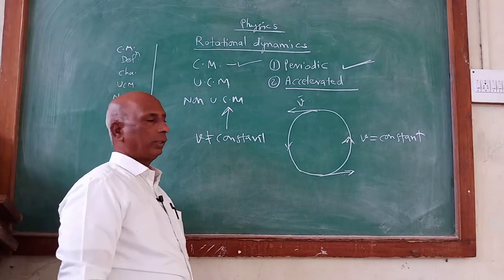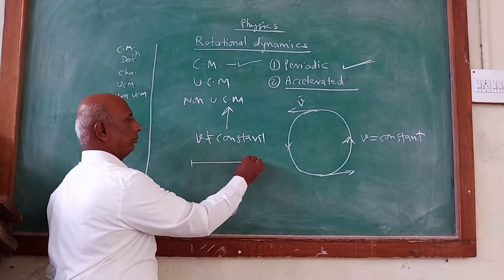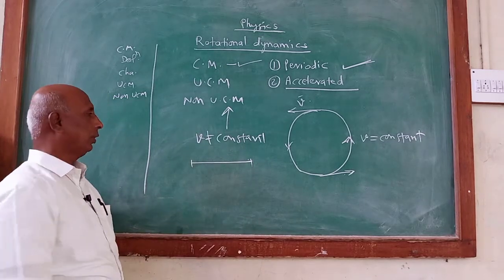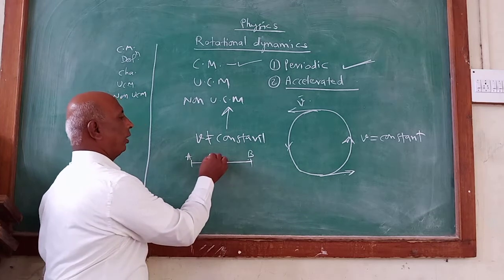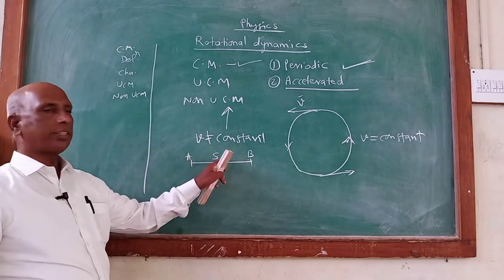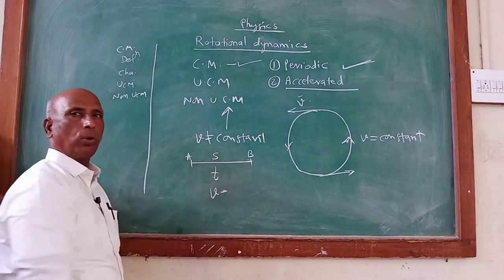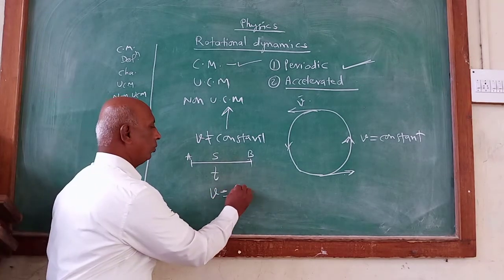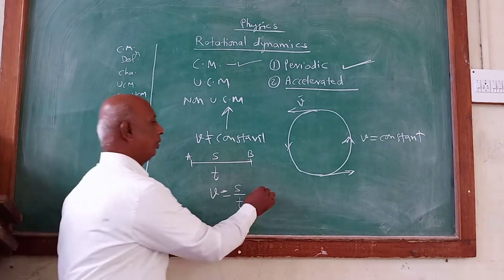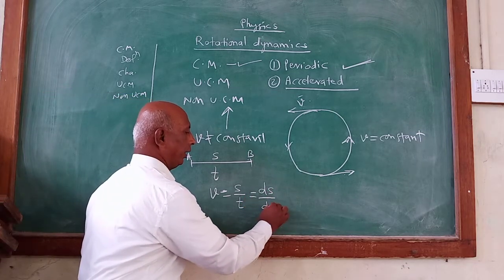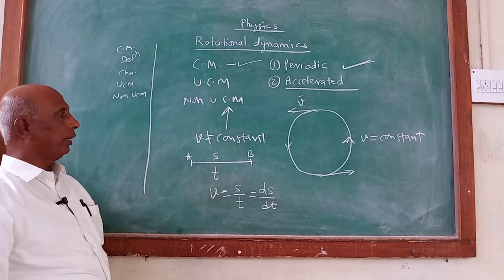Now we know that in translation motion we have displacement from point A to point B along a straight line. If s is displacement in time t, the linear velocity is given by the formula v is equal to s upon t, or it is equal to ds by dt, the rate of change of displacement with respect to time.